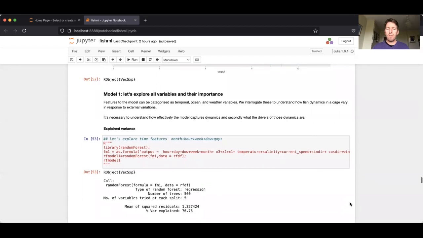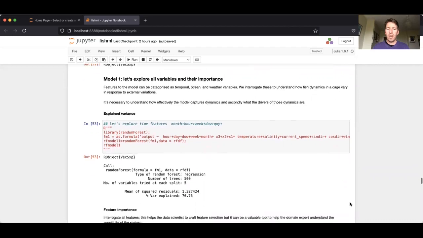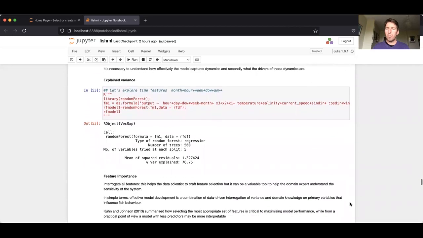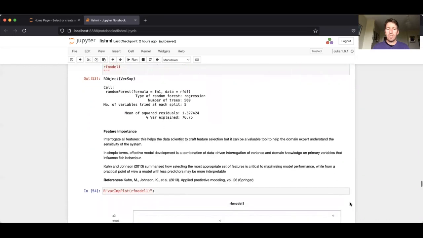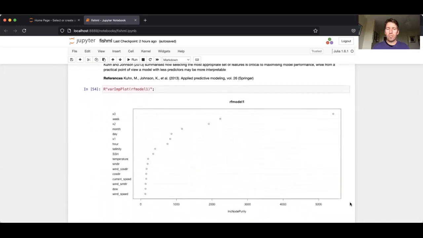So we deployed a random forest model with all available features. These consist of temporal features, autoregressive features, and environmental features. And we reported quite strong model performance with the variance explained of about 76%, with the autoregressive features, or X1, X2, and X3, being the most informative, together with temporal features.